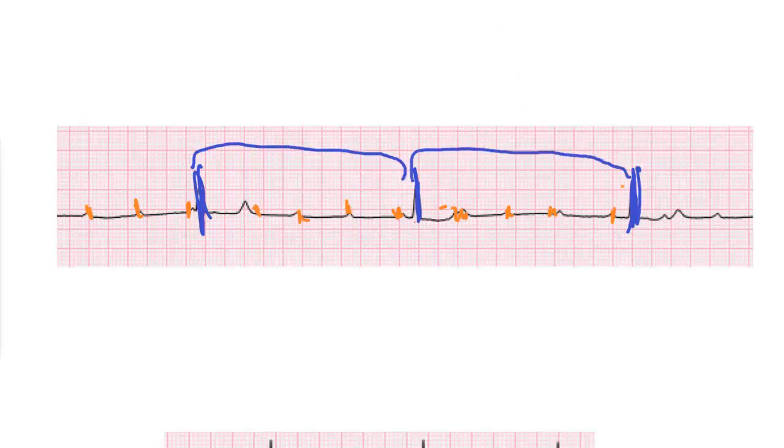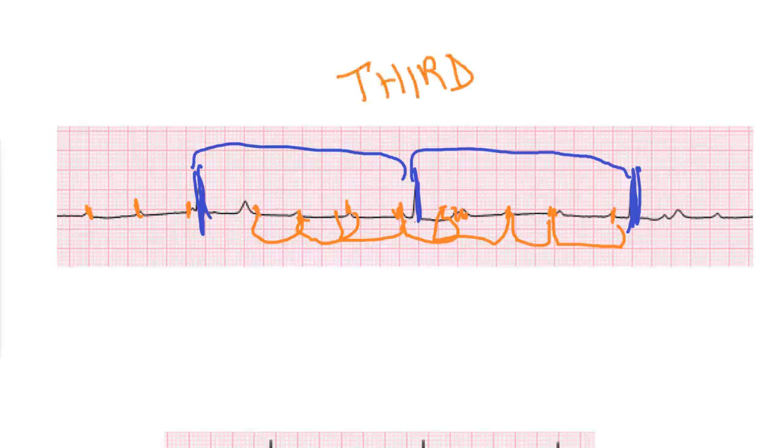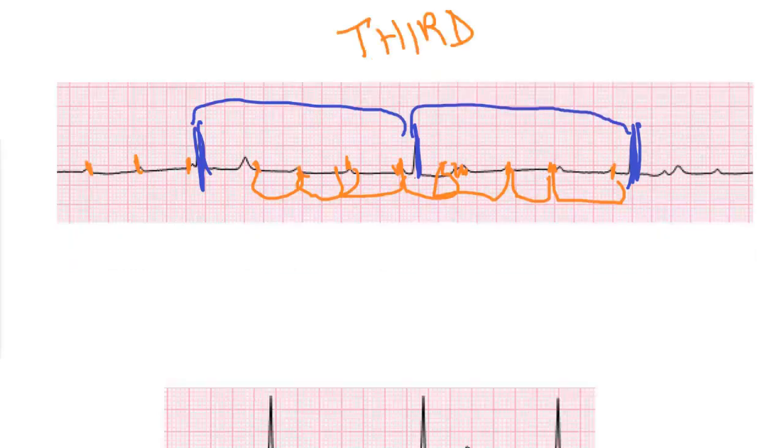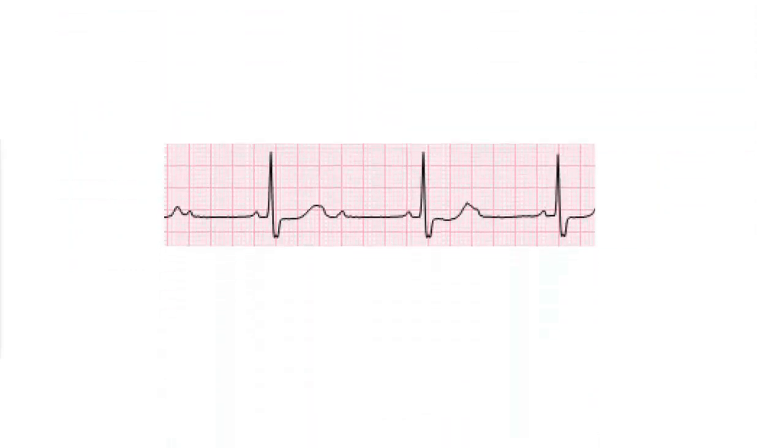Here you can see that the ventricles are depolarizing regularly at their own pace, versus the atria are doing it regularly at their own pace. So once atria and ventricles are depolarizing independent of each other, this is an example of a third degree heart block.